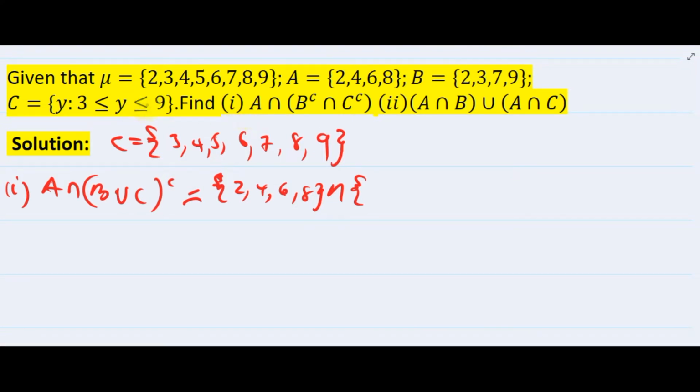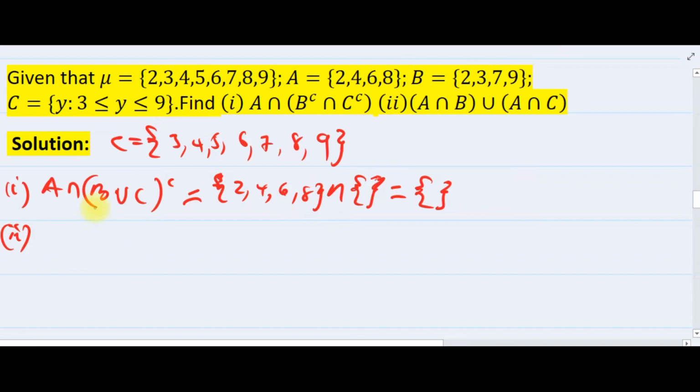Notice that B union C will be the universal set, 2, 3, 4, 5, 6. And the prime, the opposite of the universal set, will be a null set. So what is common will be the null set. So that's the answer.